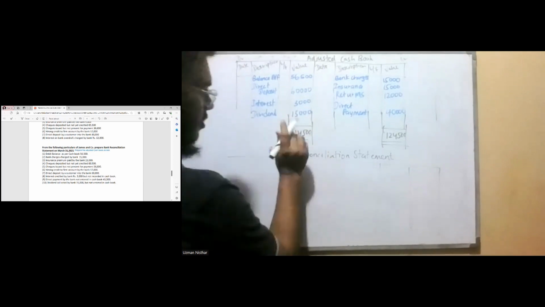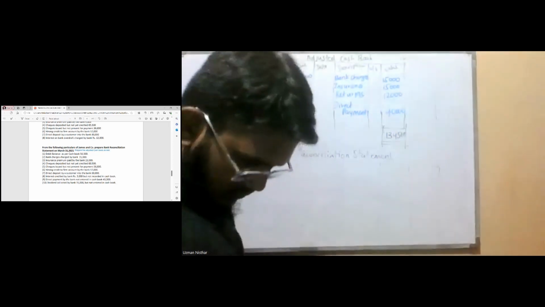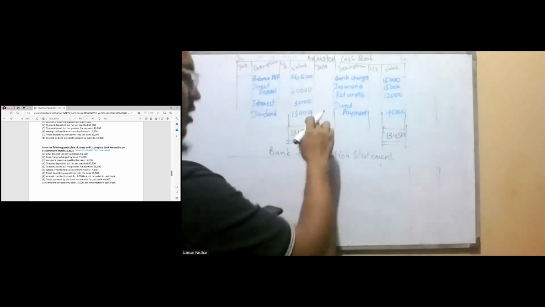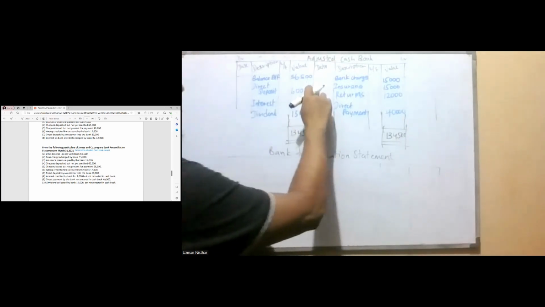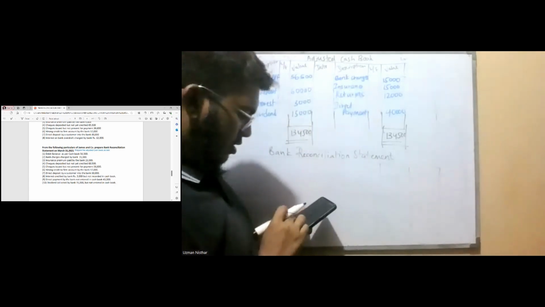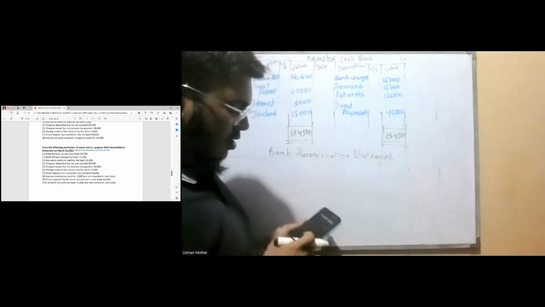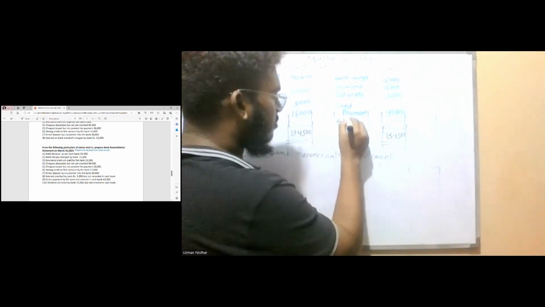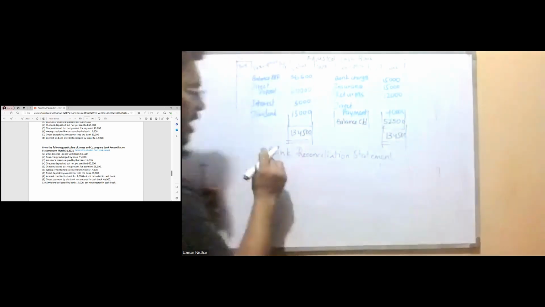And 34,500. 56,500, 60,000, 8,000 and 15,000. So 134,500. And then we have 82. 134,500 minus 82,000 is 52,500. So balance carried down is 52,500.